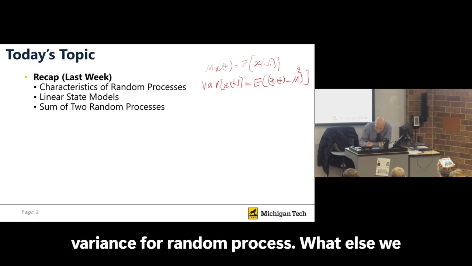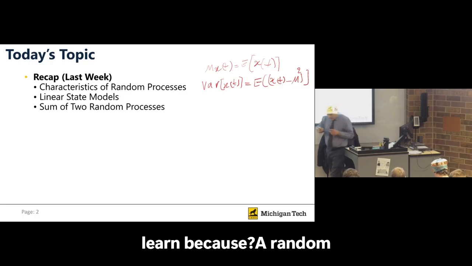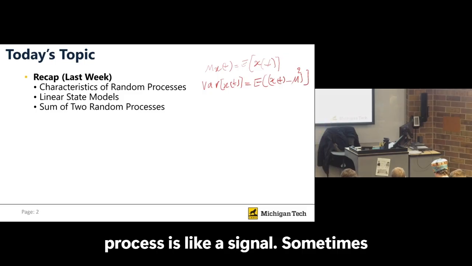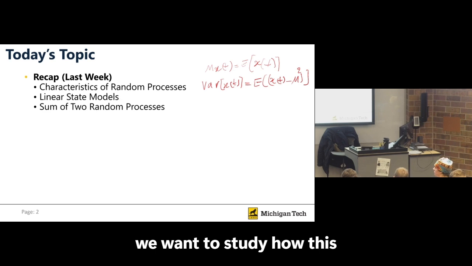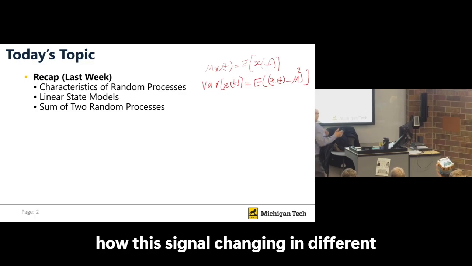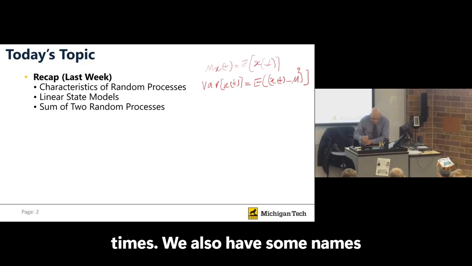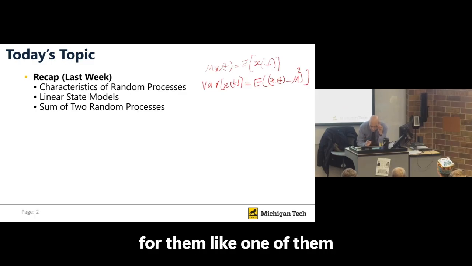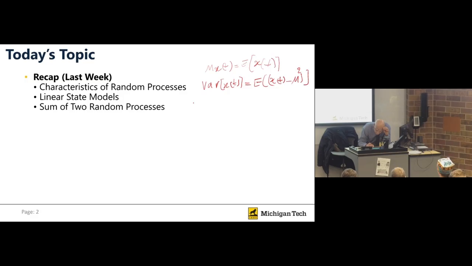What else did we learn? Because a random process is like a signal, sometimes we want to study how this signal is changing with respect to itself. So how this signal is changing in different times. We also have some names for them. One of them is autocorrelation.